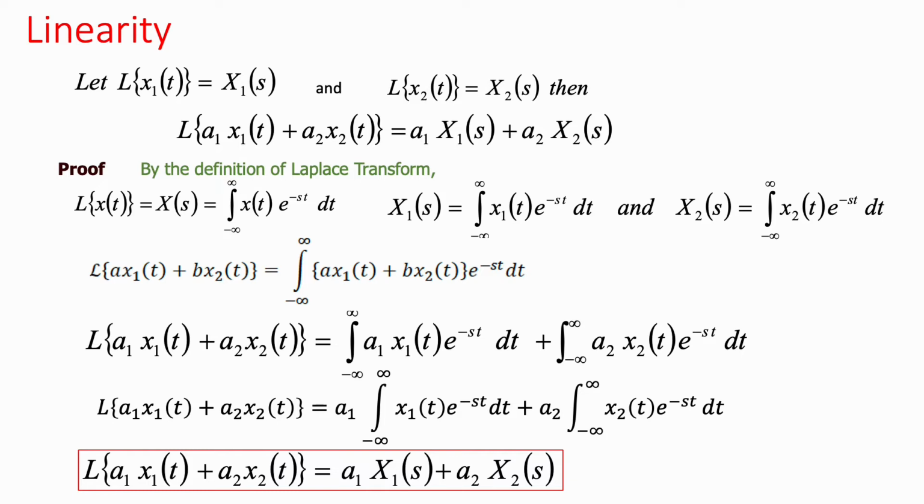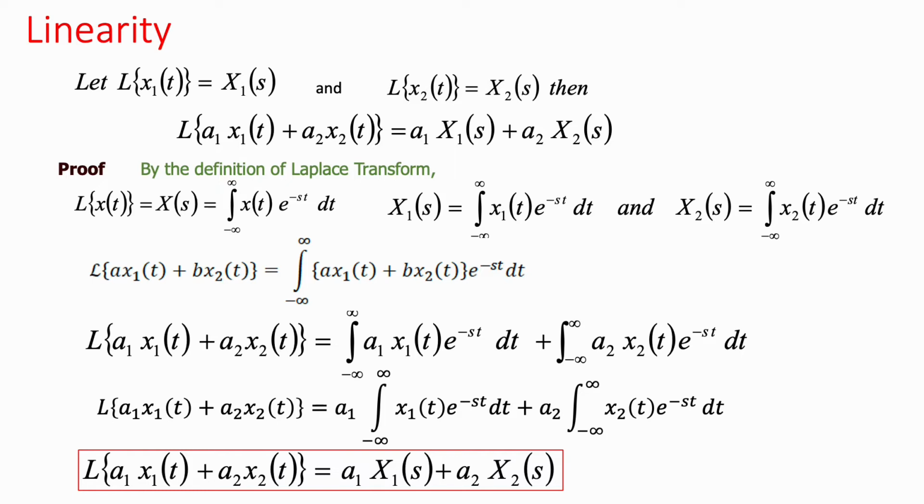Now we come to the proof part. Laplace transform of a1 x1 of t plus a2 x2 of t. Now integrate from minus infinity to plus infinity a1 x1 of t e power minus st dt plus integration from minus infinity to plus infinity a2 x2 of t e power minus st dt.